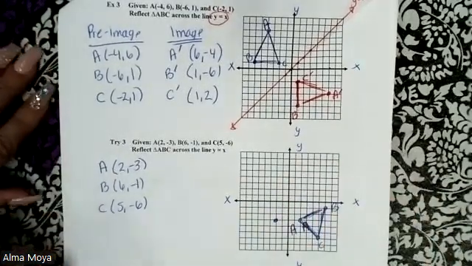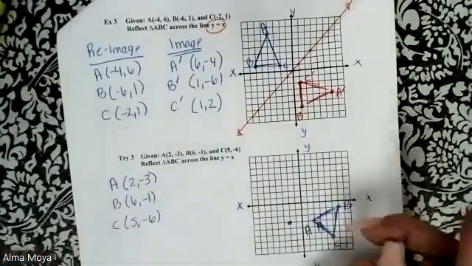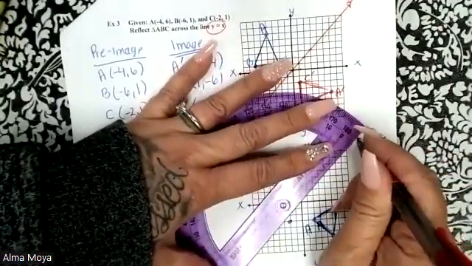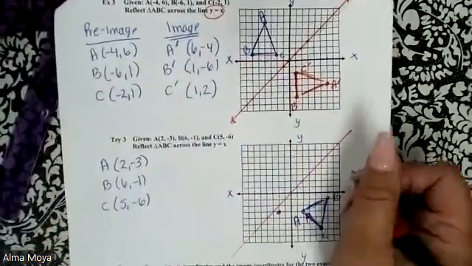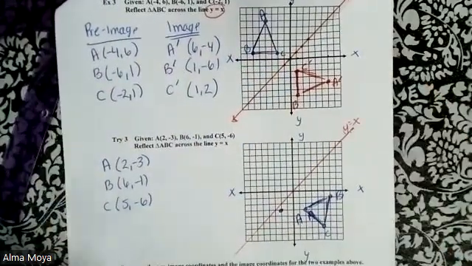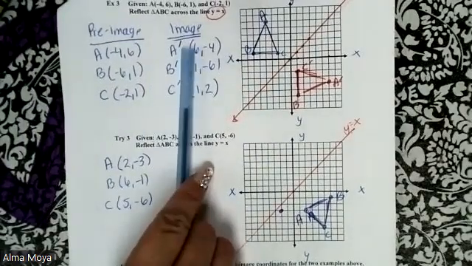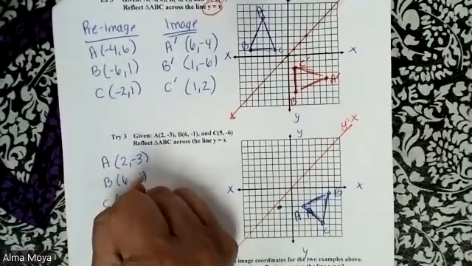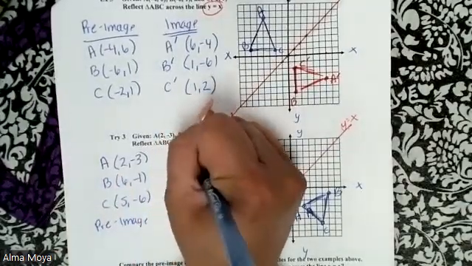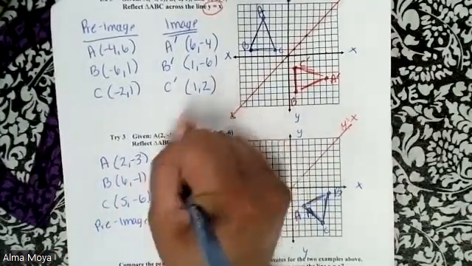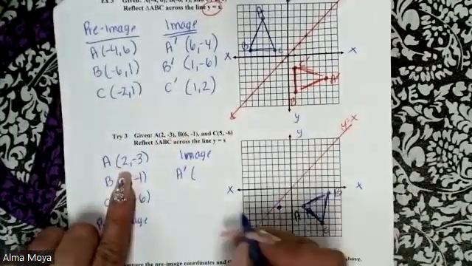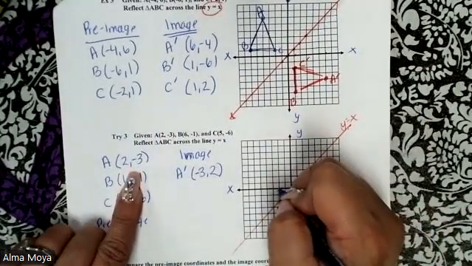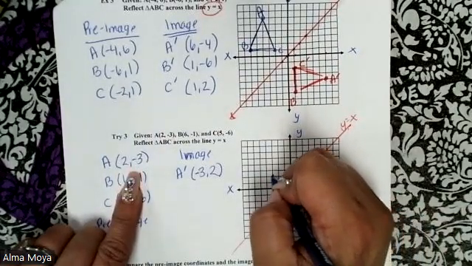And you are reflecting it across the Y equals X line. So here's the Y equals X line. We just learned from here that all you do is you switch the X and the Y. So if this is my pre-image, I'm just going to switch the numbers. So this would be a -3 and a +2.